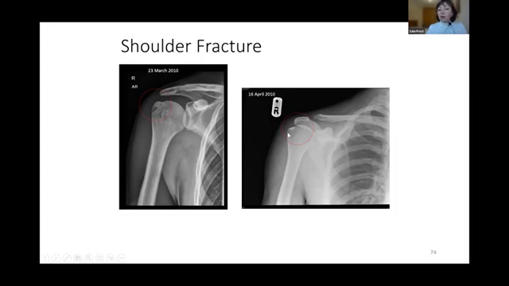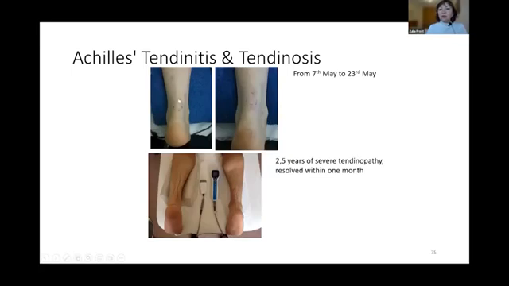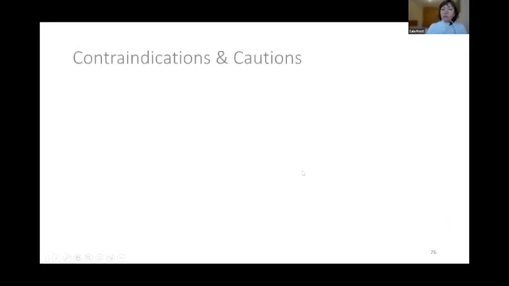So 3 weeks, complete healing. You could see it on X-ray. Tendon injuries, tendonitis. Again, 3 weeks, there was a ganglion here. But severe chronic, it took over months to get pain under control. He had 2.5 years of severe tendinopathy.